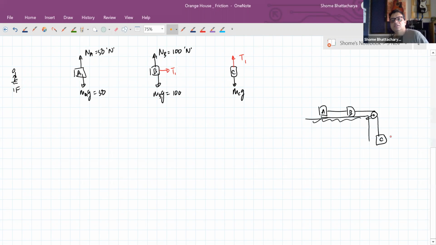So I'm taking the tension in this string as T1, and if at all this string has tension, this is T2.